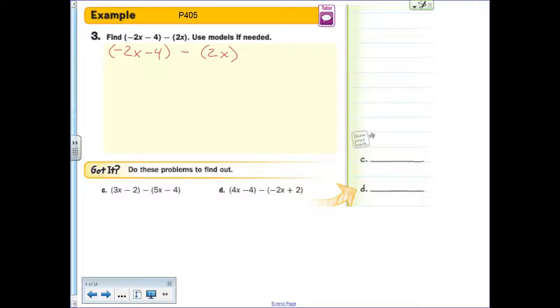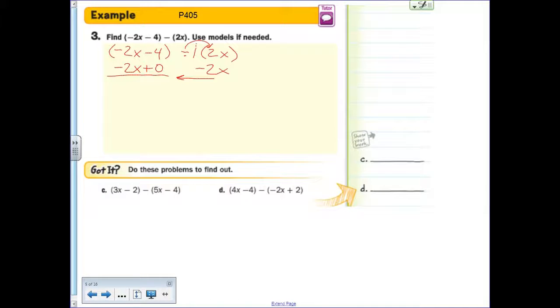But just like in examples 1 and 2, we're going to use this negative sign outside here and treat it like it is a negative 1 and distribute it to what is in parentheses, making our positive 2x a negative 2x. We can then bring it over under the other negative 2x, and if it makes you feel more comfortable, you can put a plus 0 here to make it line up on the right.